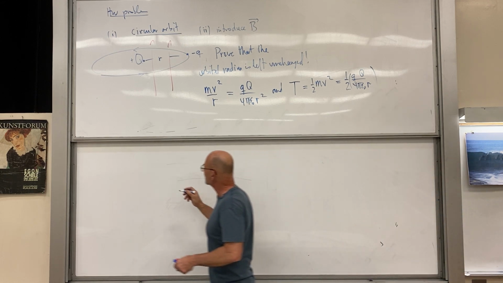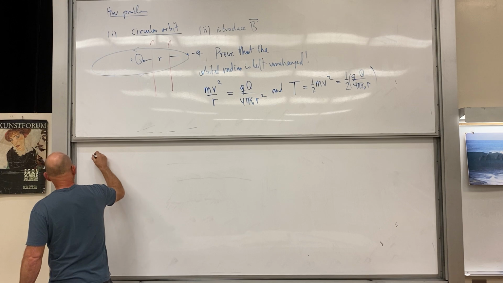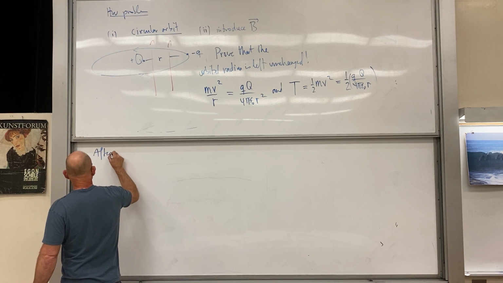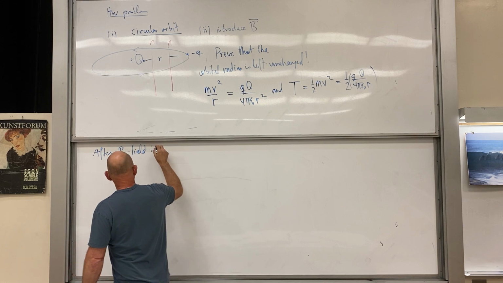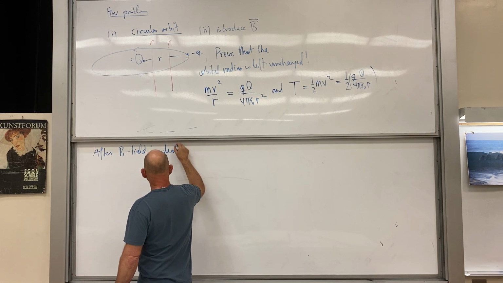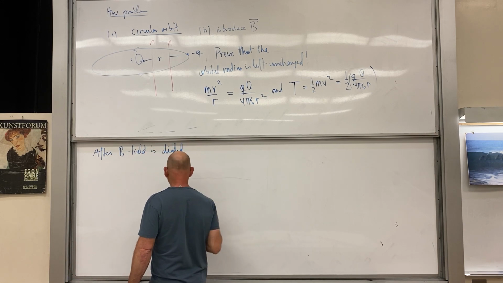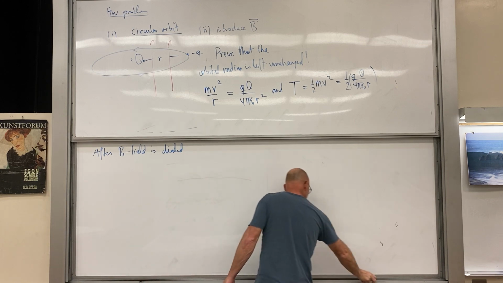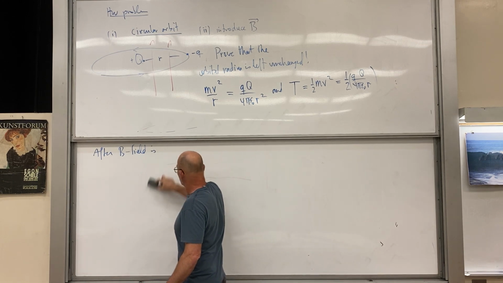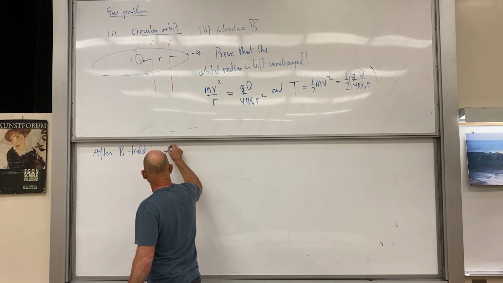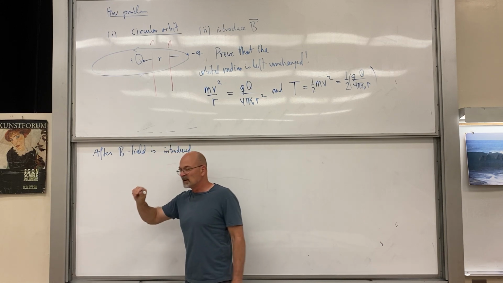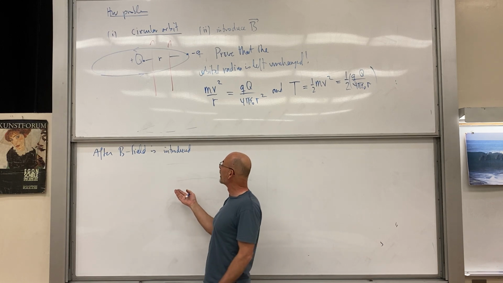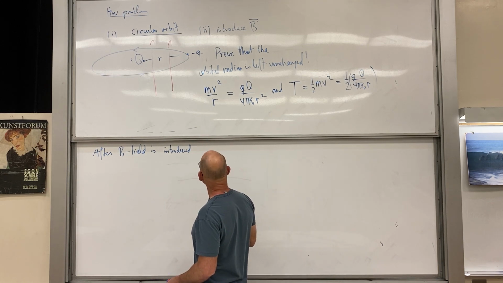After introduction of the B field is dialed in. I'll just write introduced. The idea is that we turn it in slowly. Okay? It gradually appears. So then what do we have?